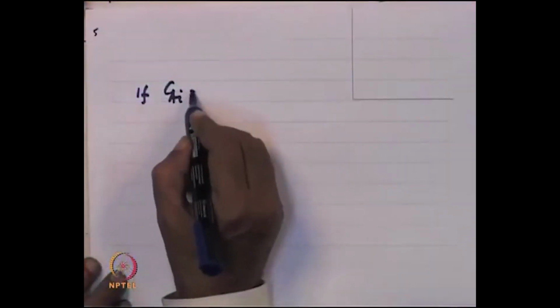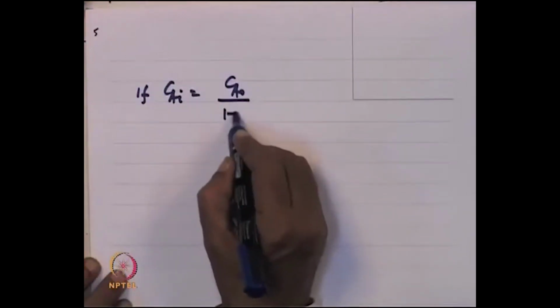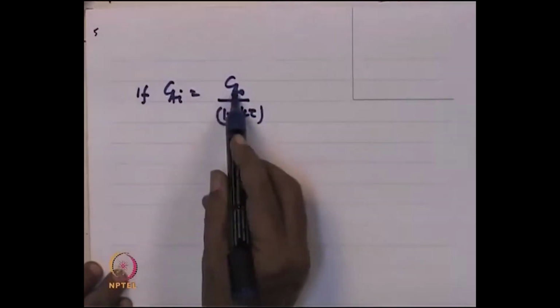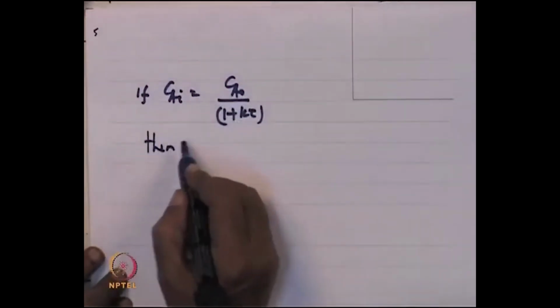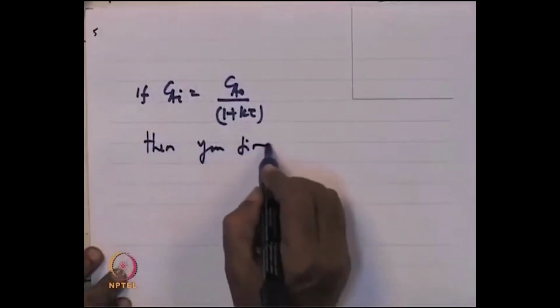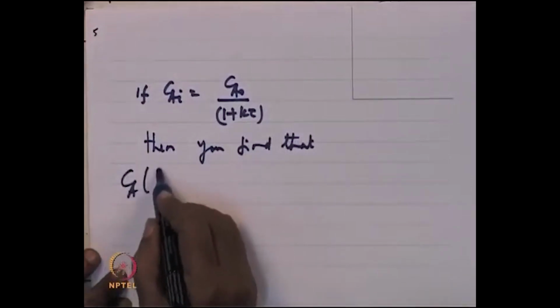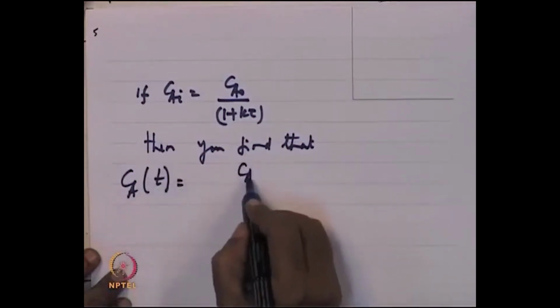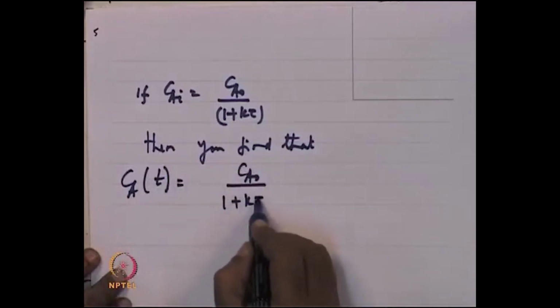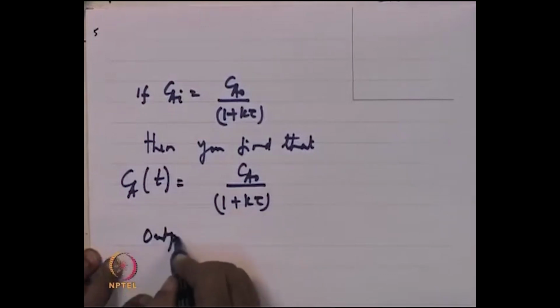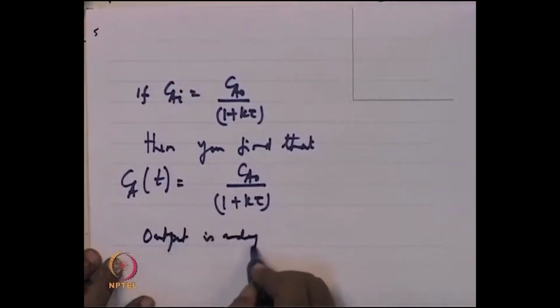Let me just put it down. If C A I is so chosen that it is equal to C A naught divided by 1 plus k tau, then you find that C A at any time t becomes equal to C A naught by 1 plus k tau, or in other words, the output is independent of time.